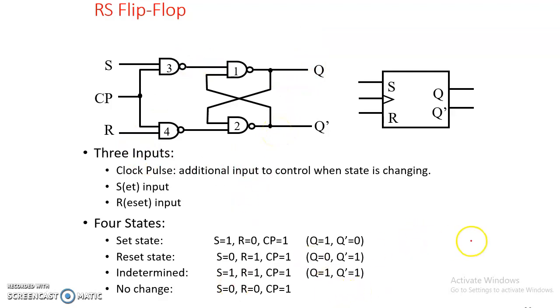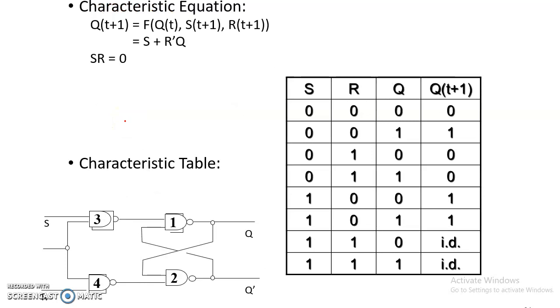So when CP is 1, only then the S and R values take effect. Otherwise it would remain the same. This is the entire detailed characteristic table, and this one is called the characteristic equation for the SR flip-flop.